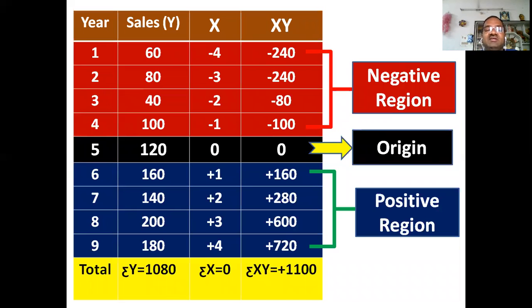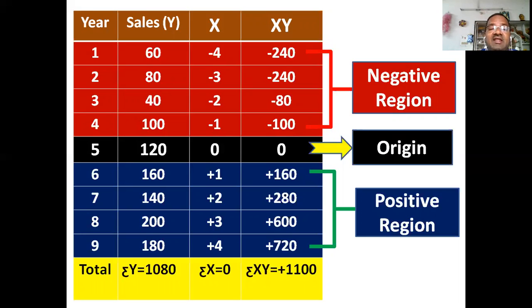Yes, with my own anticipation, I have taken a table. Look at this. I have taken 9 years. Here it is the odd number case. In the odd number case, I have taken 9 years. Here what we have to do is locate the center year first. That center year is called the origin, the region of origin.